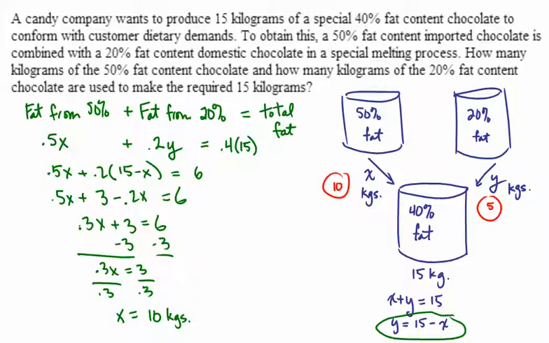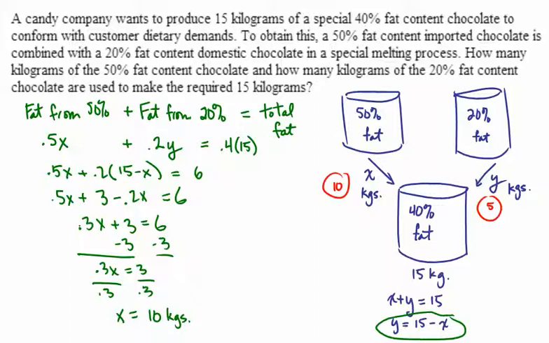That is 10 kilograms of 50% fat content chocolate, plus 5 kilograms of 20% fat content chocolate added together are going to give us 15 kilograms of 40% fat content chocolate.